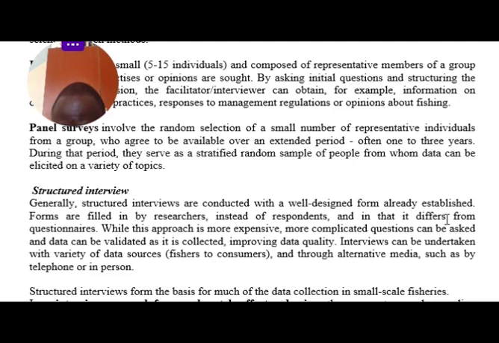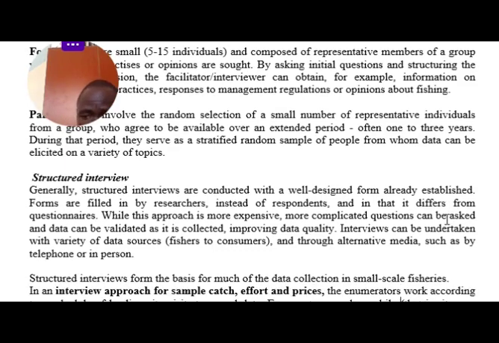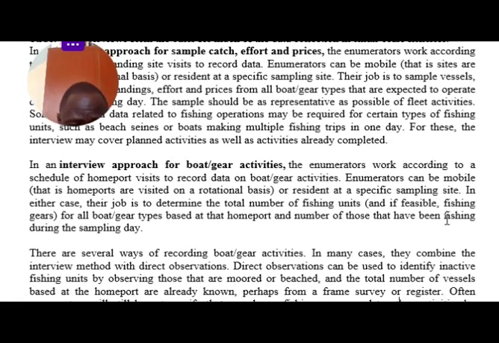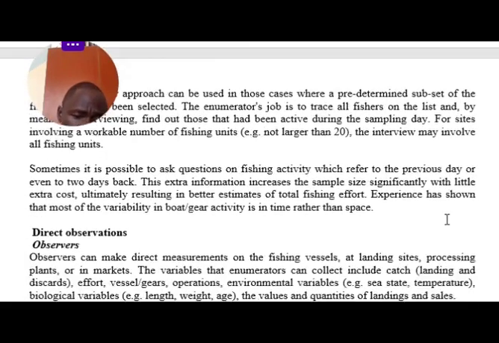They differ from questionnaires, which are structured forms that are sent to the respondents, who answer those questions and then send them back to the person responsible. Those are what we call the interviews.